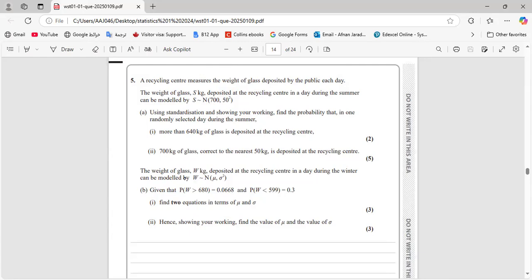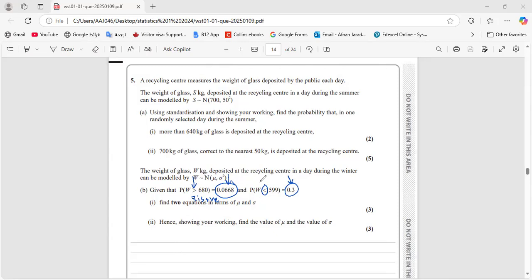If you have the area, you need to find what the sign of Z is.